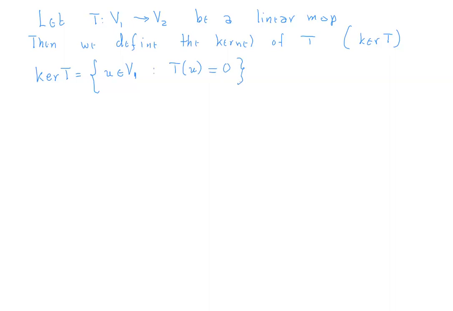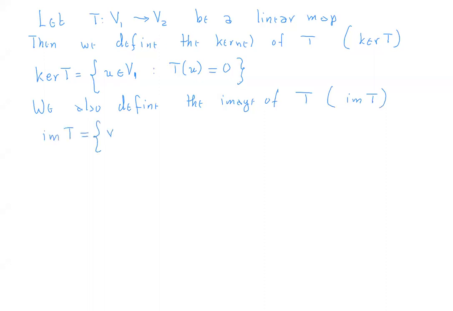So what is the kernel? The kernel consists of all vectors that go to the vector 0 in the image, through our map. And we also define the image of T. This is going to be denoted by image T, as the subspace consisting of all the outputs.